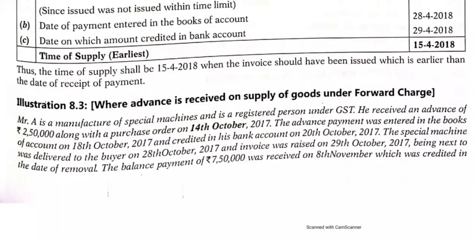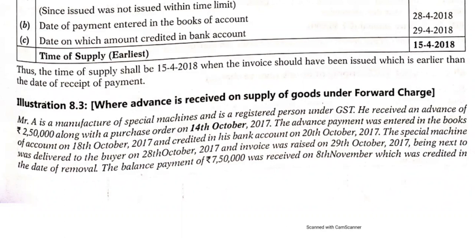Okay, now next is where advance is received on supply of goods or under forward charge. Suppose you have received any kind of advances under a forward charge, now what should be the time of supply? Let me take an example here. Mr. A is the manufacturer of special machines and is a registered person under GST. He received an advance of rupees 2,50,000 along with the purchase order on 14th October 2017.